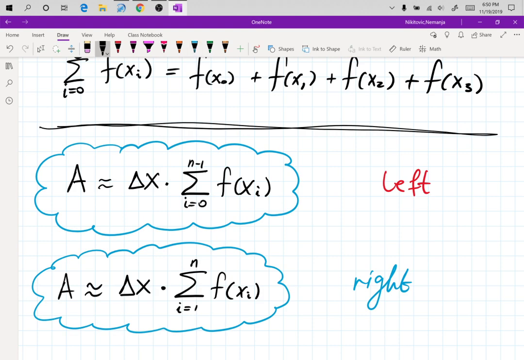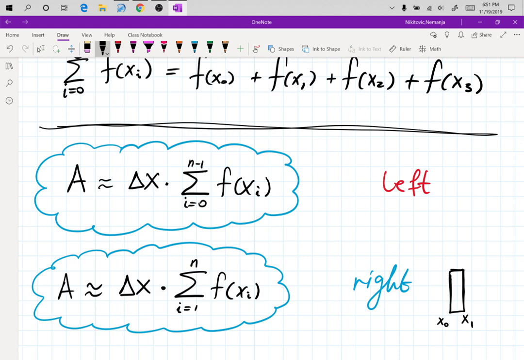You can always draw a representative rectangle here if it bothers you, and you know this is x0 and you know this is x1, so clearly, right, the first value that you have to have here is x0 because that's for the left rectangles, right? You create a rectangle using the left side, so the left side is above x0, so you are using x0 in your calculation times delta x, right?